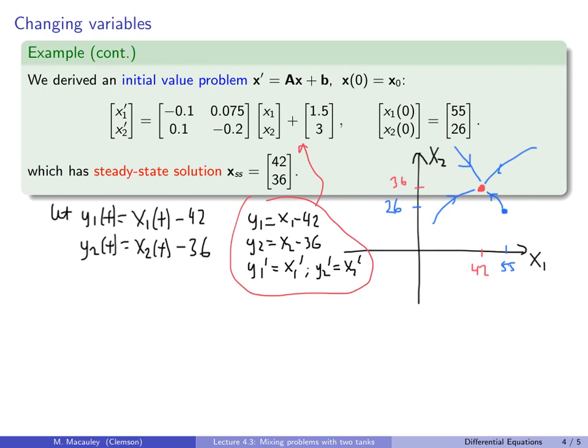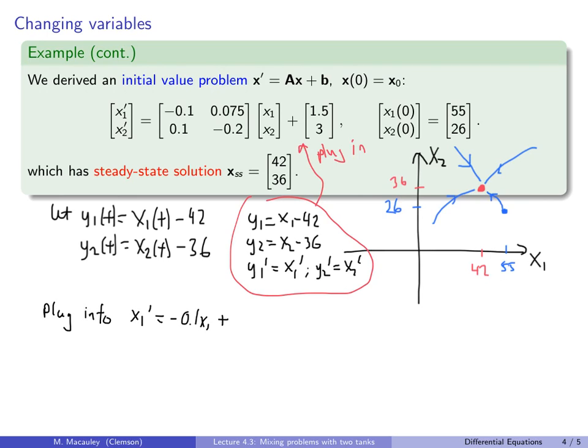We'll plug it back into our system, which was x1 prime equals negative 0.1 x1.